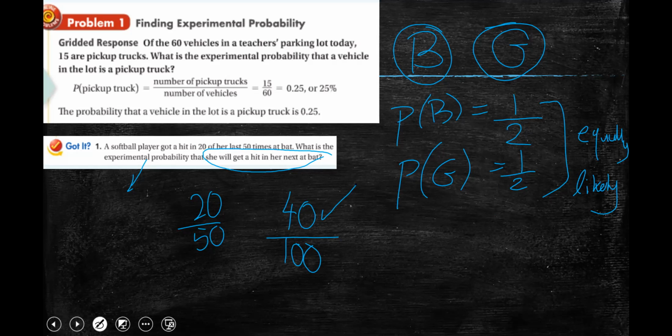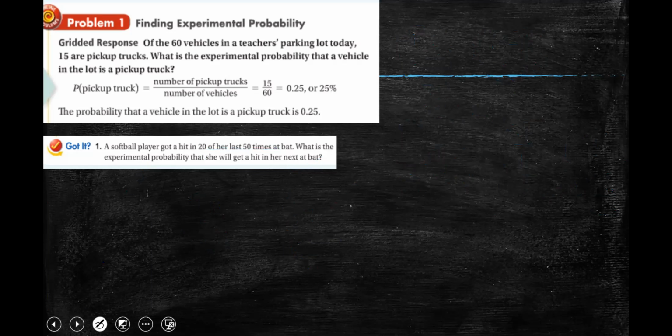Let me give you another example. As an example, I make a quiz for you in the class. There are 10 girls in the class, and 7 of you get full marks.